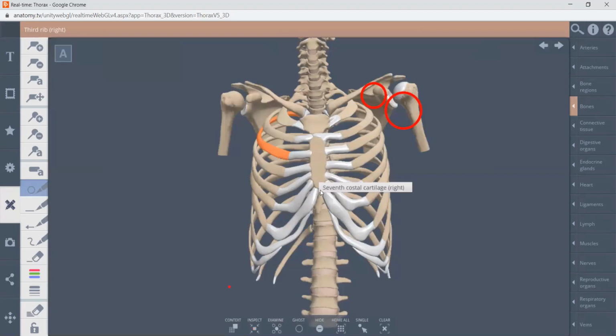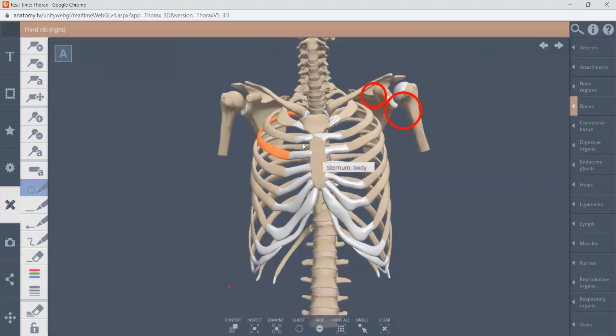And I don't think this comes up very well. This is the xiphisternum, this little bit at the bottom here. This is the reason why when you're doing CPR on people, you try and make sure you place your hands into the middle of the chest, because if you're over the xiphisternum, you end up breaking the xiphisternum off and puncturing the heart, which means that resuscitation is almost impossible.